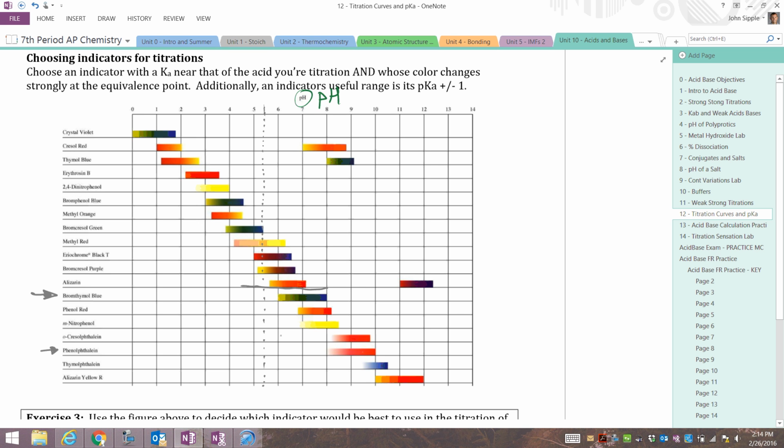I think it's got crystal violet, thymol blue, methyl orange, methyl red, phenol red, phenolphthalein, and I feel like there's one more in there. One more blue one on the far end of that, but I don't see it on the list. That gives us a nice pink or a nice purple color when it's really basic. It's pretty cool.